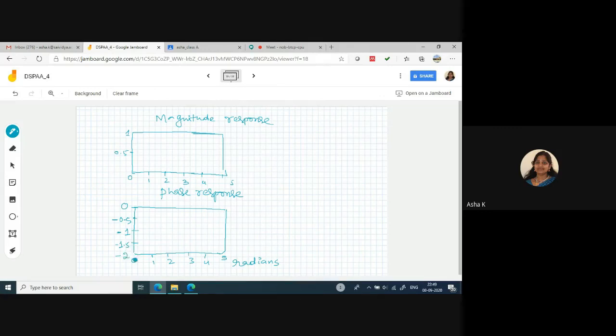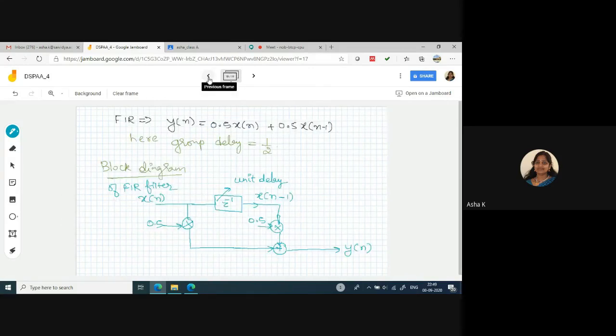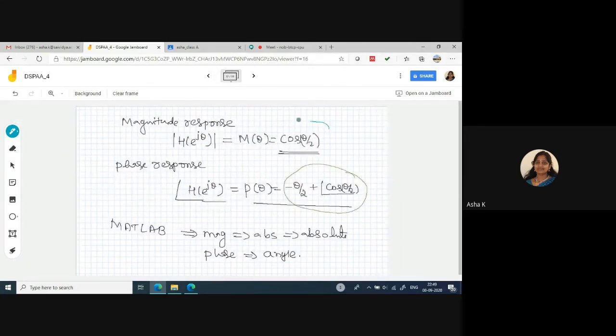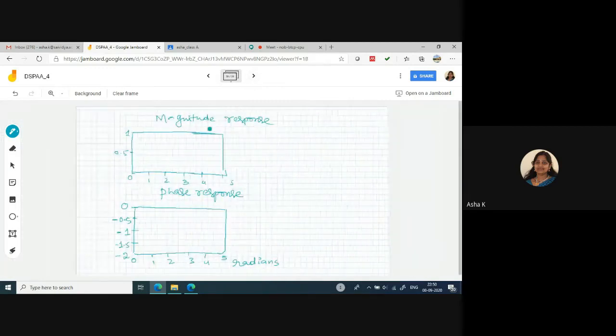After setting up the x-axis and y-axis for the magnitude and phase spectrum, we use the two equations: one is cos theta by 2, and the other is minus theta by 2 plus the angle of cos theta by 2. If we plot the graph, it will look like this.